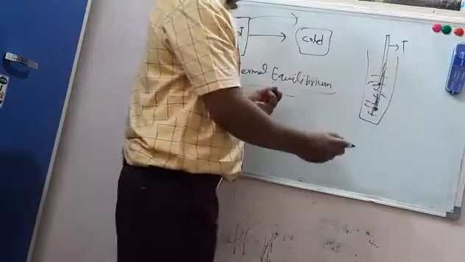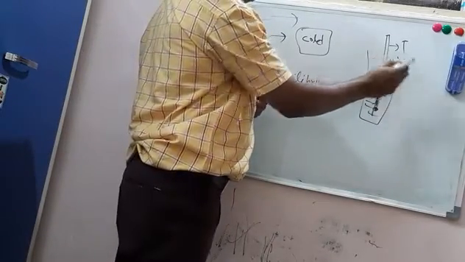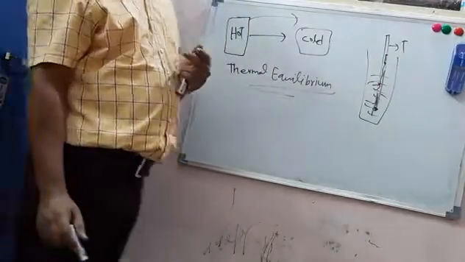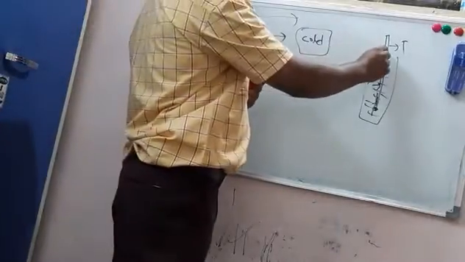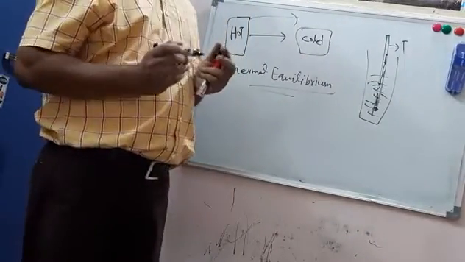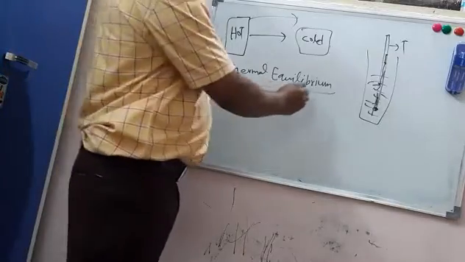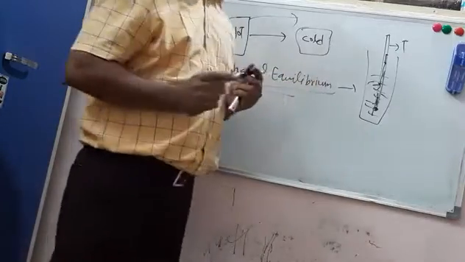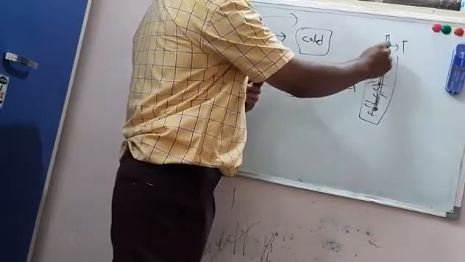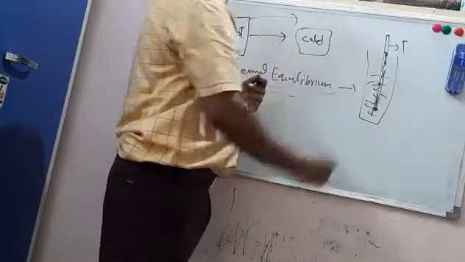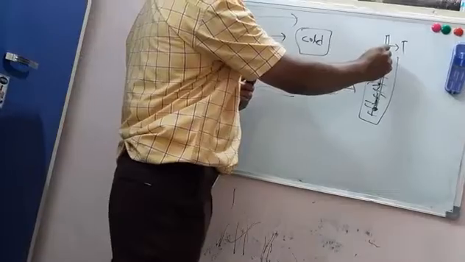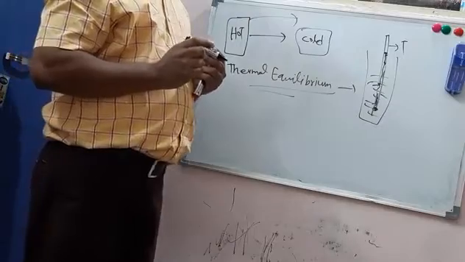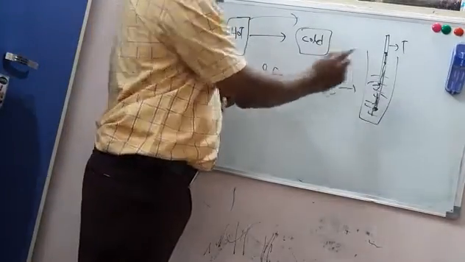Then after a particular time, the reading stops. That is, the rising of mercury in the thermometer capillary tube stops at one point. It means thermal equilibrium has been achieved. At that point, you get the exact temperature of the substance.